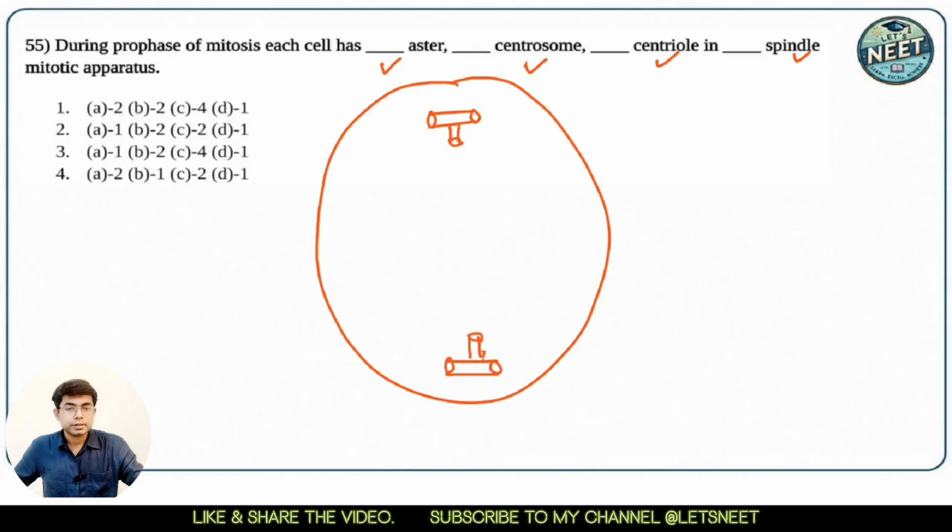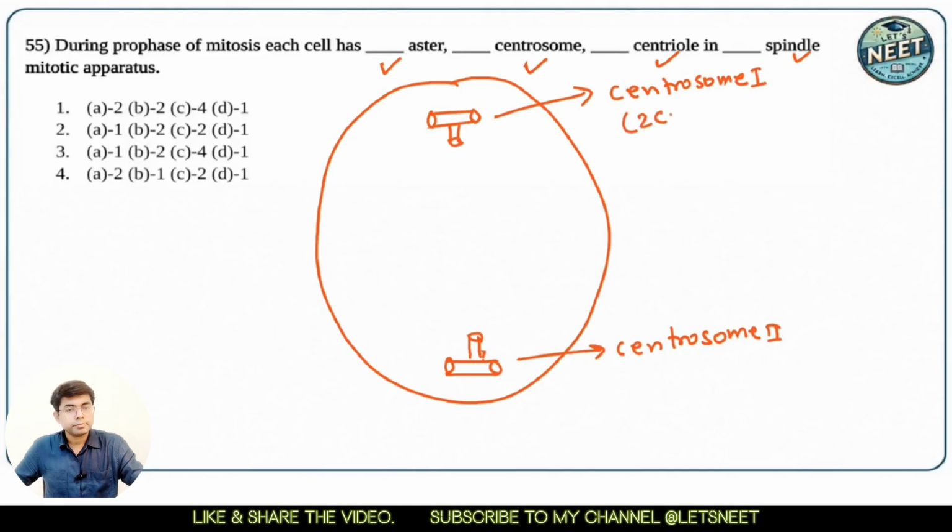So this is centrosome 1, right? Centrosome 1. This is centrosome 2. And both the centrosomes have 2 centrioles. And these centrioles are perpendicular to each other. 2 centrioles, right?